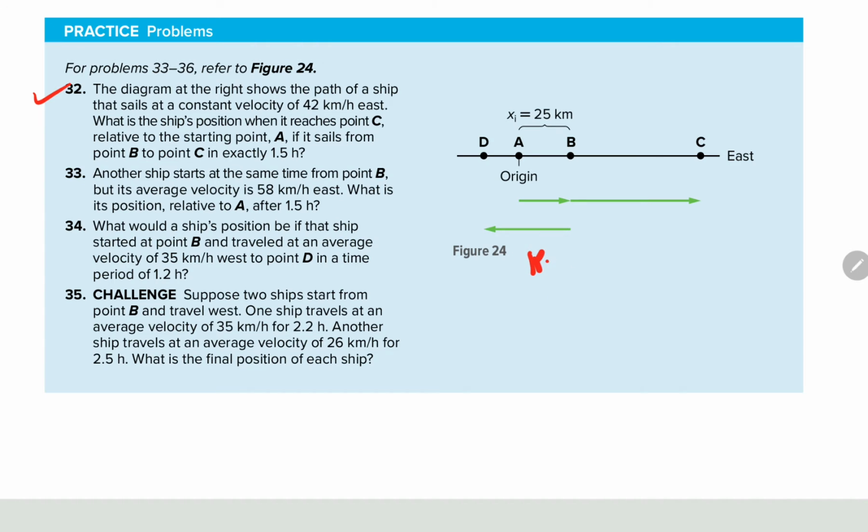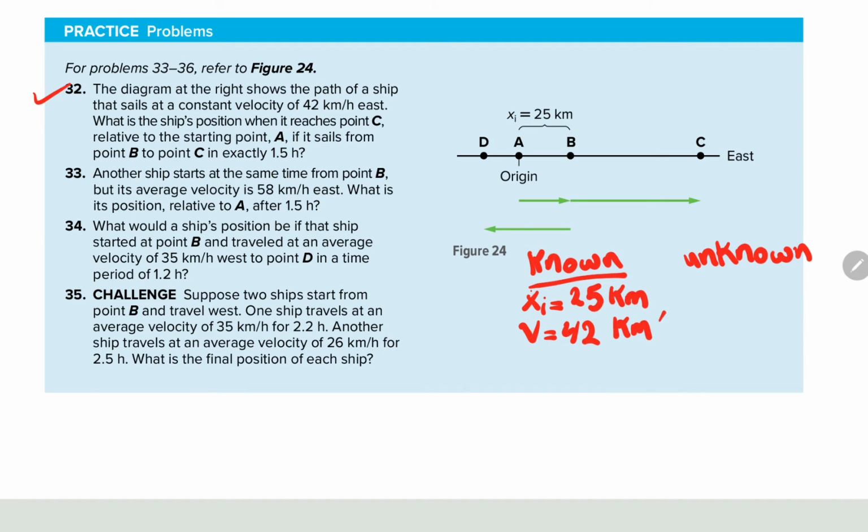We have the known and the unknown. The known here, we have x initial in the figure. X initial equal to 25 kilometers. Also, we have the velocity v, equal to 42 kilometers per hour.